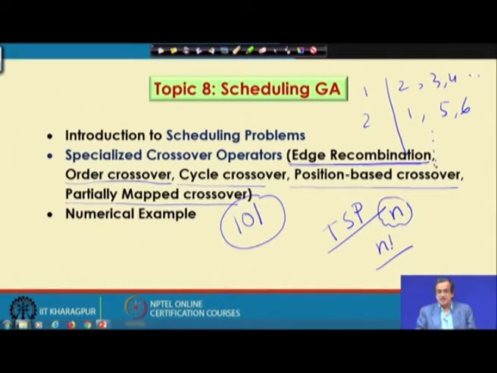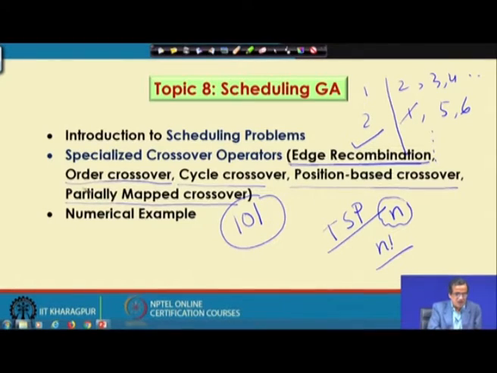So, this type of connectivity table we have. The moment we select a particular city, from the right hand side of this connectivity table, we remove that particular city, and this process will go on, and ultimately I will be getting one valid sequence for the children. So, this is the way actually we implement the edge recombination.